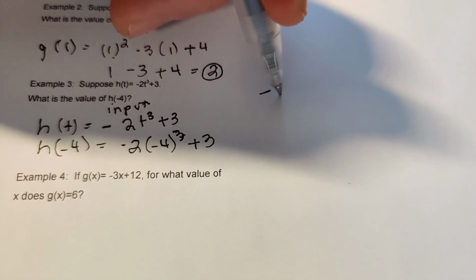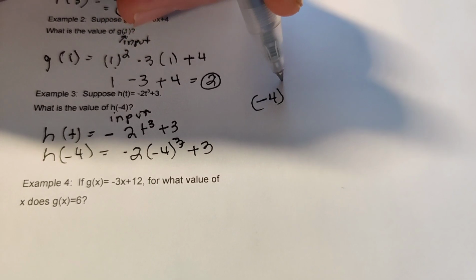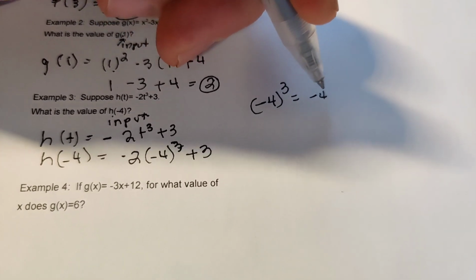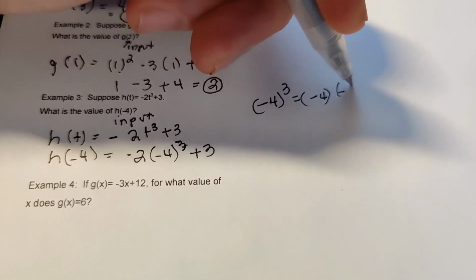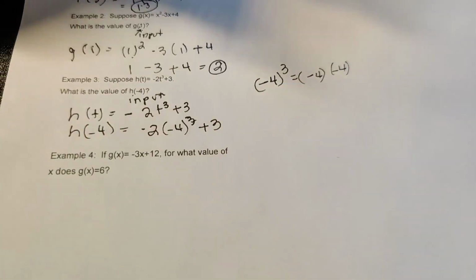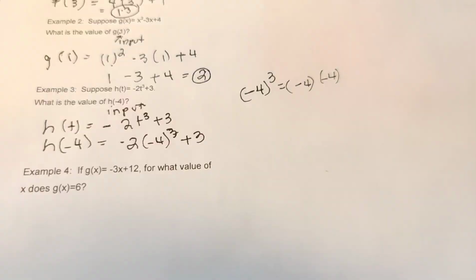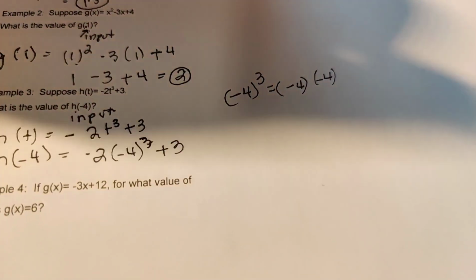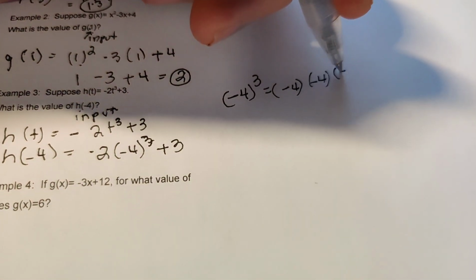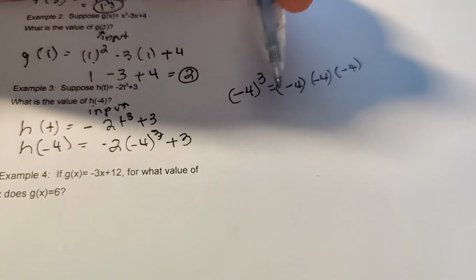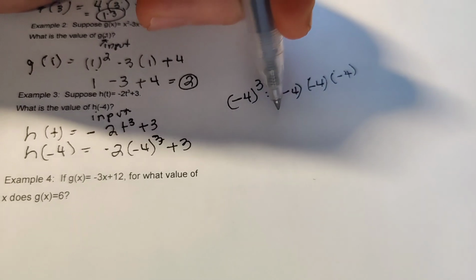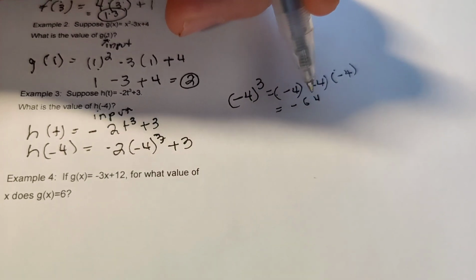So, negative 4 cubed is negative 4 times negative 4 times one more negative 4, okay? So that's 16 times negative 4, which is negative 64, okay?